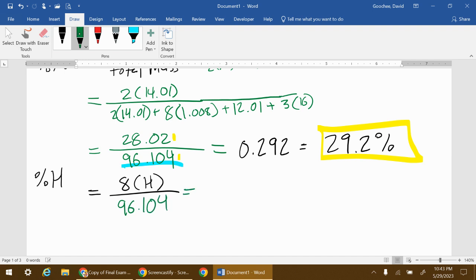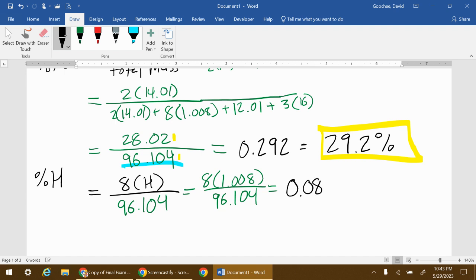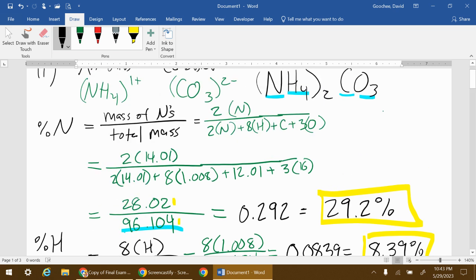So this is the mass of 8 hydrogens, or 8 times 1.008, divided by 96.104. 8 times 1.008 divided by 96.104, and you get 0.0839, which is 8.39%, right? Move that decimal place over twice. It's 8.39% hydrogen.